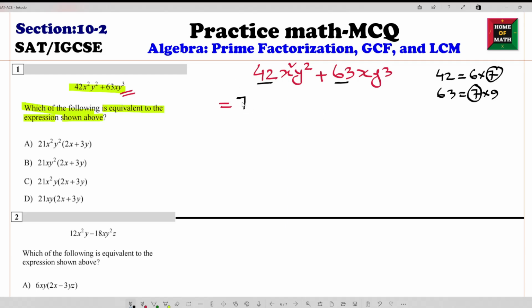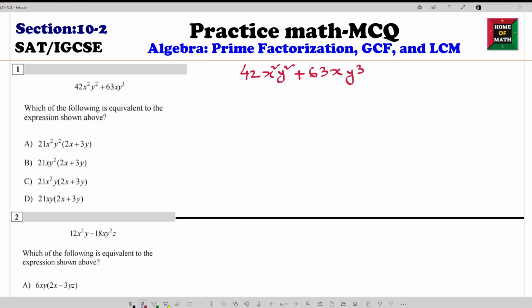So we can write 7, and from x square and x, we can take common x, and from y square and y cube, we can take common y square. So here is 6, then x, plus here is 9 and y, right? Can we take more things? Yes, we can take more.